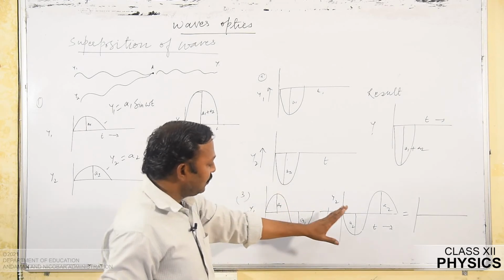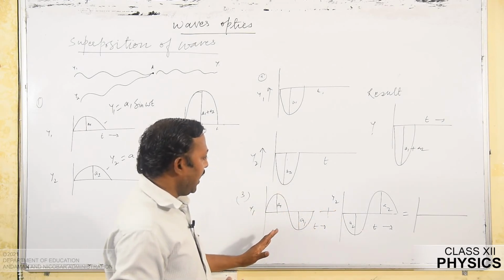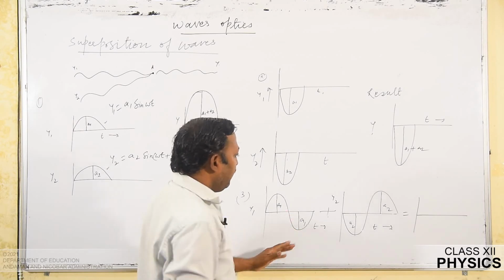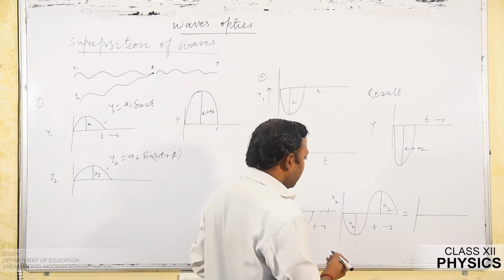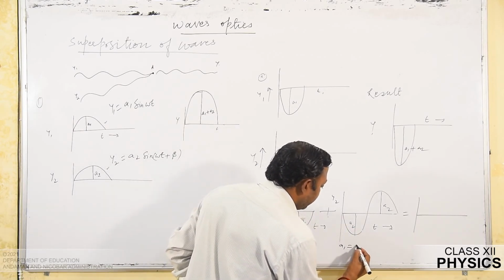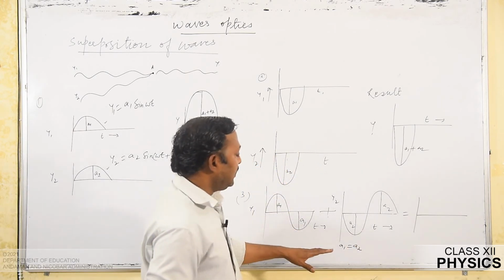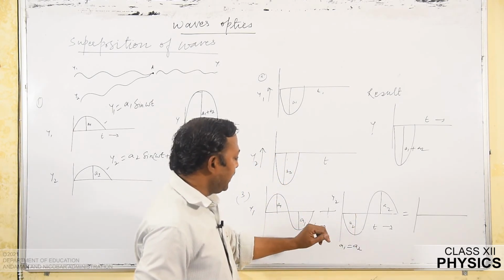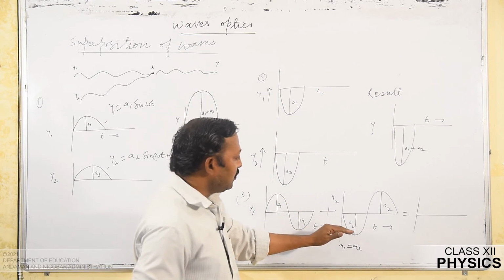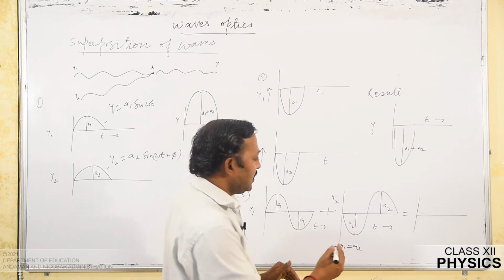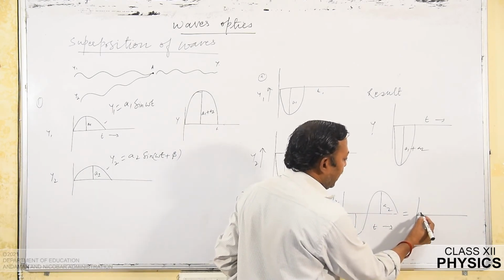When we add these two, we get the amplitude as a1 minus a2. If a1 is equal to a2, then the resultant amplitude of the wave comes out to be 0 in this case. As a result, we cannot see any ups and downs.